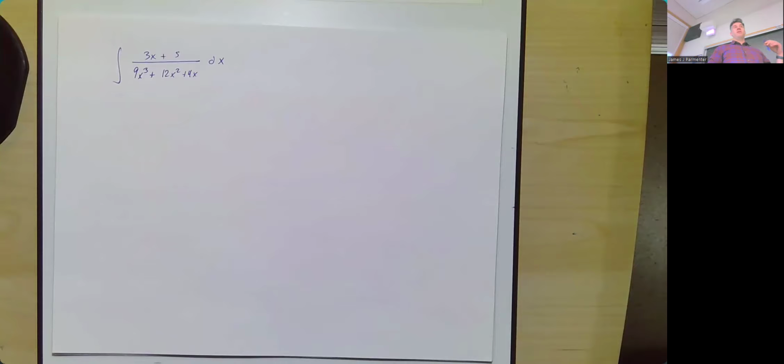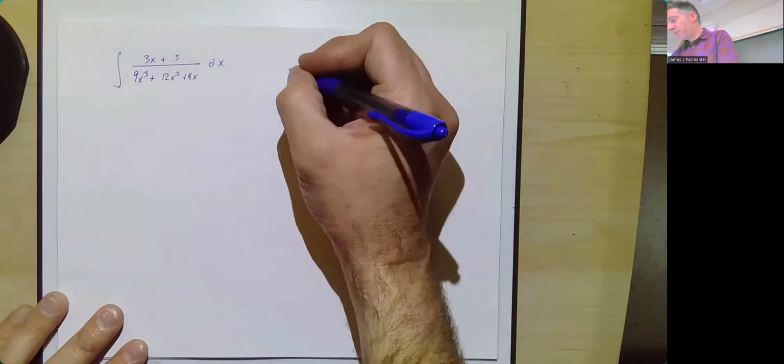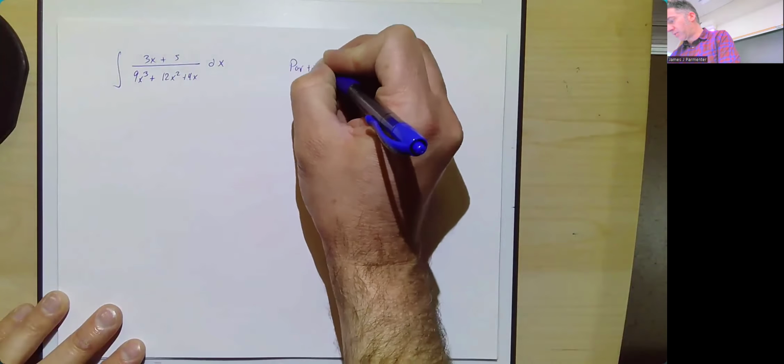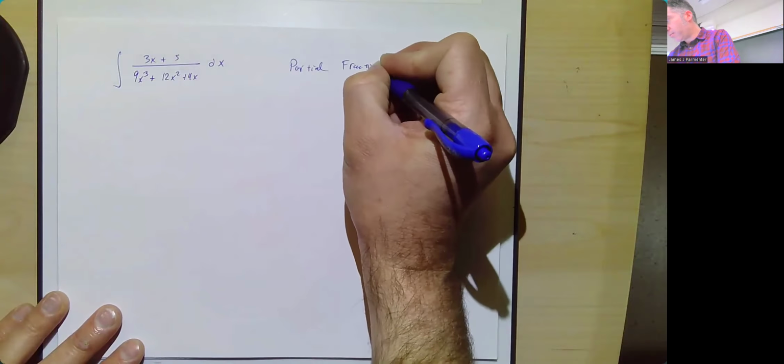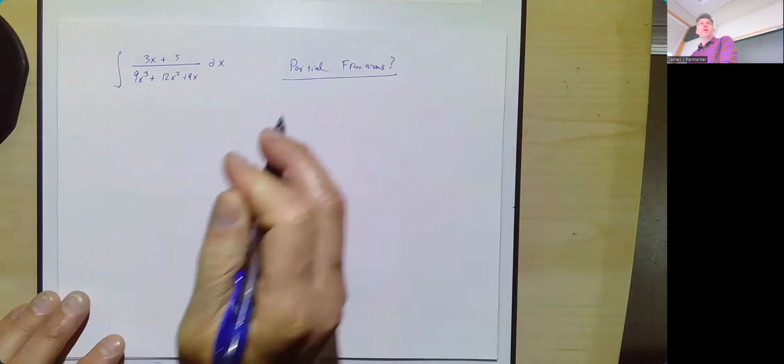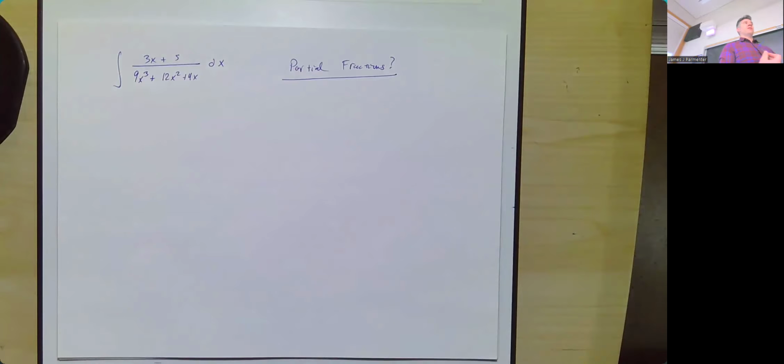Seeing a rational function and not seeing a good u sub, the next place I go to is, can I use partial fractions? Well, only if the denominator factors. I've met all the criteria to use partial fractions except for, does the denominator factor?